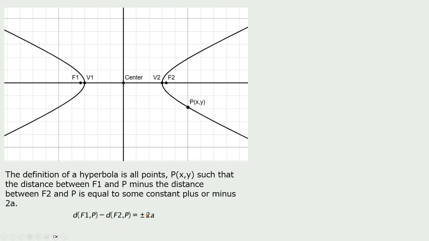And we say plus or minus 2a because it depends on whether F1 is on the left or right and F2 is on the left or right. So just know when you subtract the two distances, you're going to get either a positive 2a or a negative 2a. The center, again, as always, is (h, k).